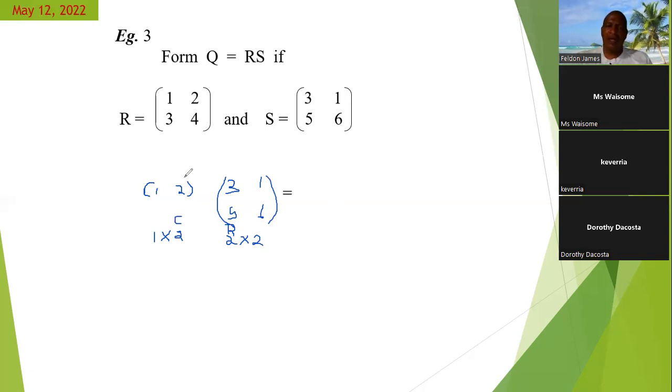Now, when you look for the columns of this first matrix, how many columns you have in the first matrix? 2, right? How many rows you have in the second matrix? 2. All right.